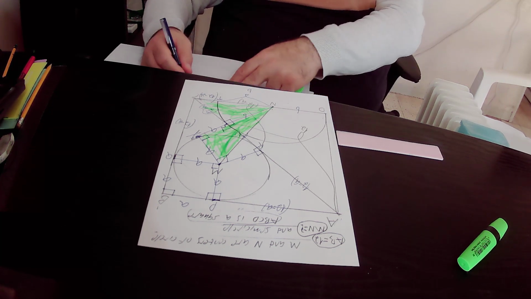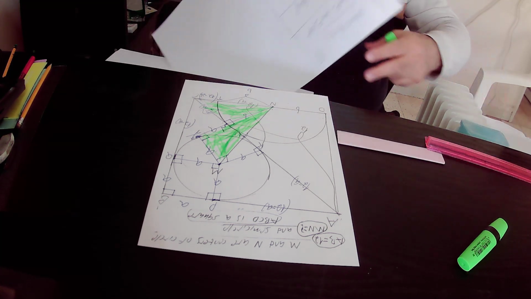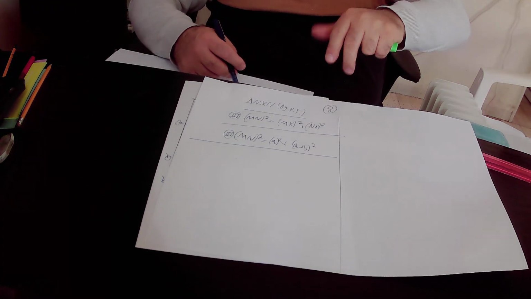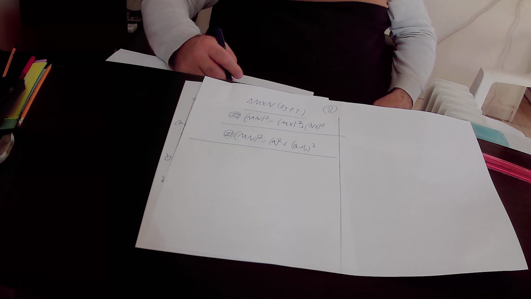So actually, in conclusion, we found out that according to equation number 3, MN squared equals A squared plus (A plus B) squared.